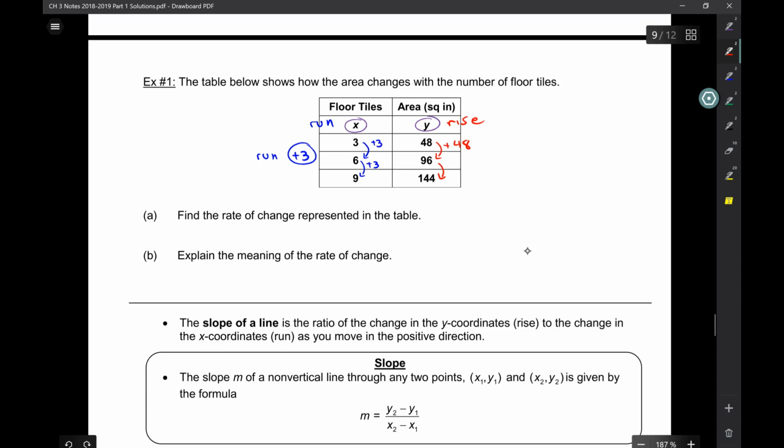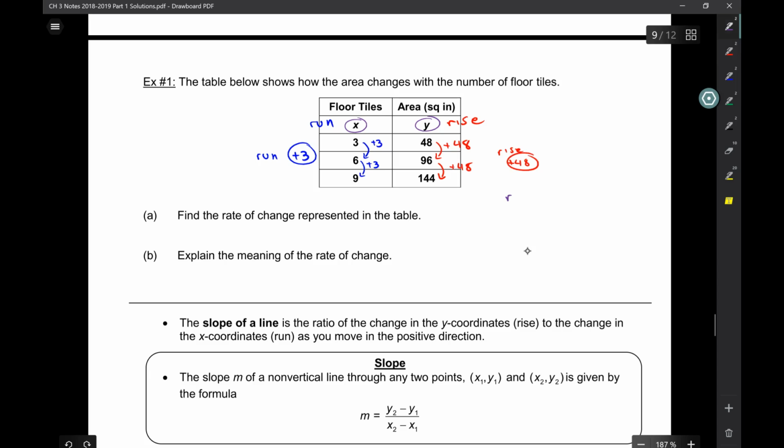And from here to here, how much is it? Also 48. So those should be the same, right? So if it's plus 3, it should be plus 3. If it's plus 48, it'll be plus 48. Yeah, it'll be equal. So the rise is plus 48.